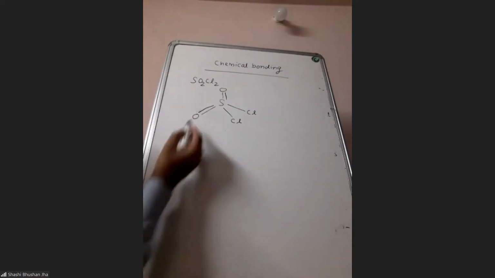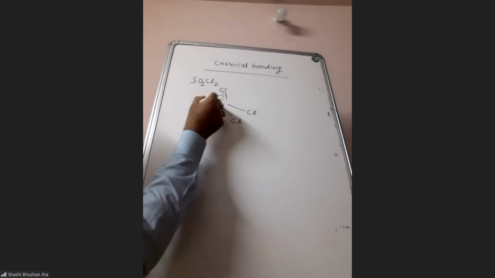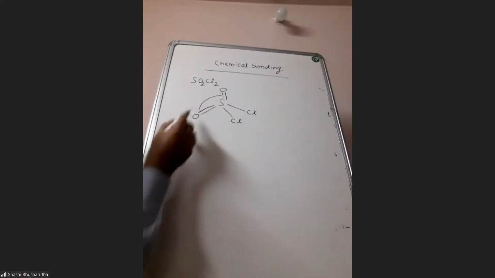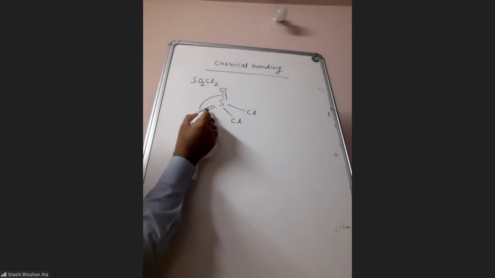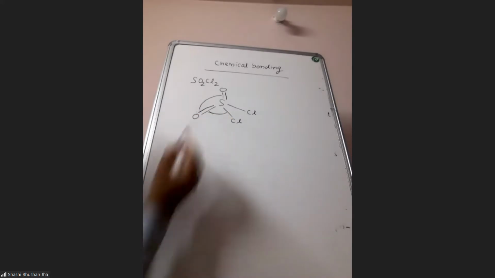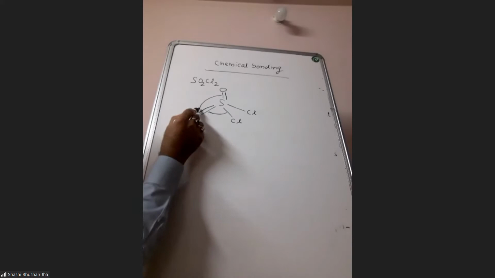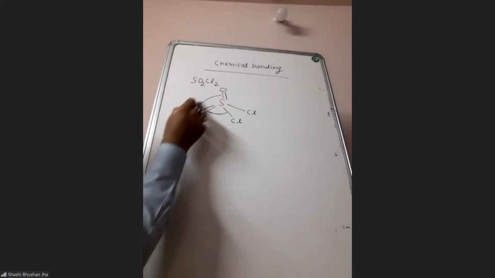Now if double bond repulsion is strongest, this bond angle will increase. This bond angle will be more than expected. Next will be the bond angle between double and single. Because of bond pair repulsion, bond angle increases. So because of the strongest repulsion between double bond and double bond, this bond angle will be maximum.